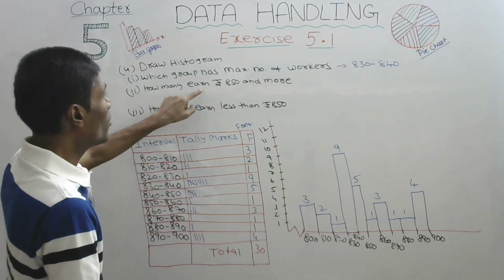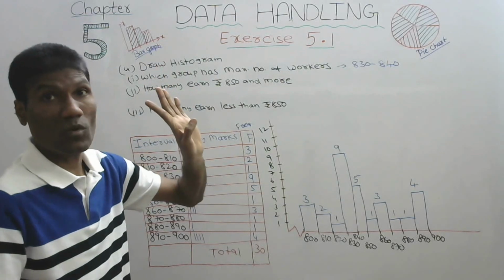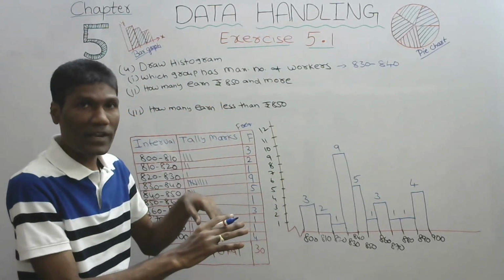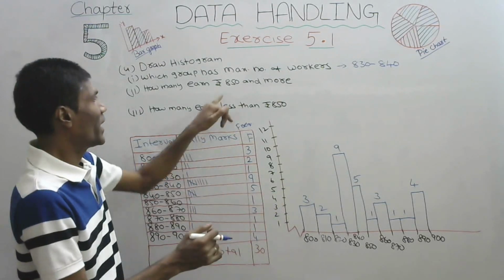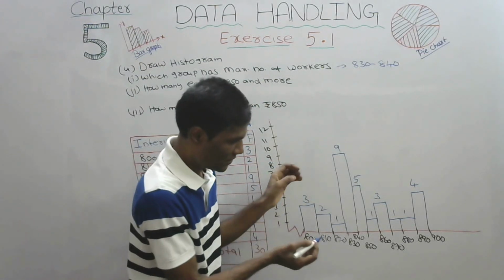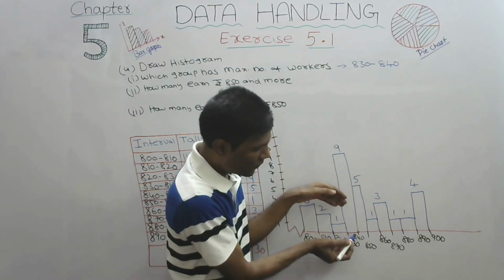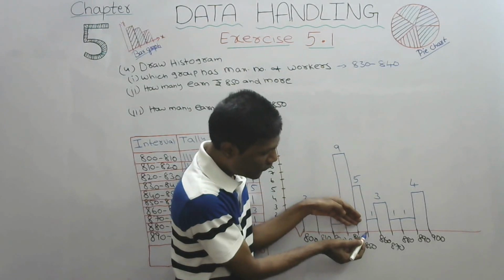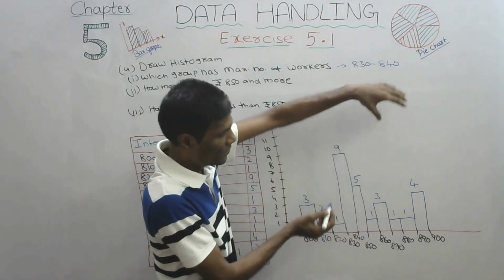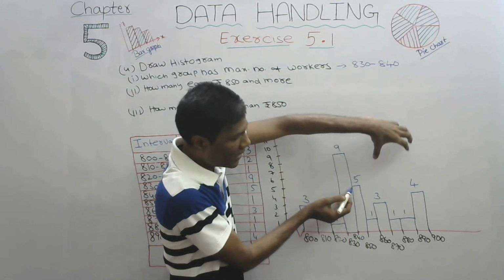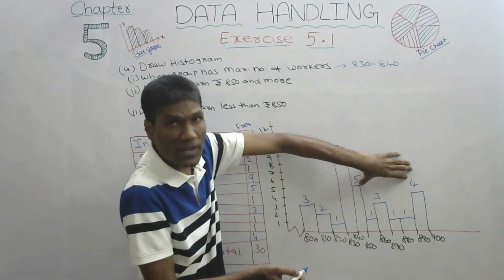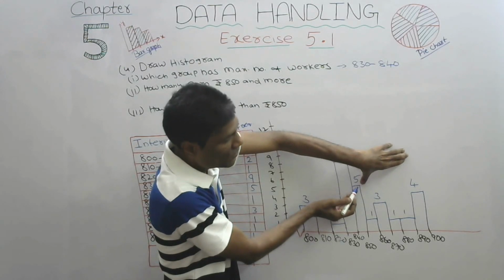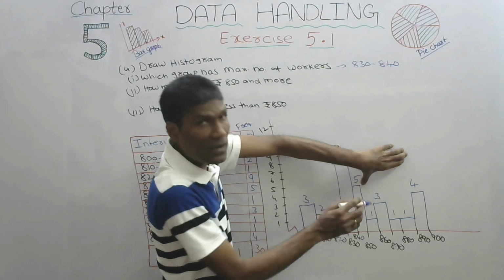Second question, how many earn 850 and more? Here we should be careful. The question given is how many people are earning above 850? 850 and more. Now see, up to here 840, 830 to 840. Here 840 to 850. Up to 850 these people are earning. The question is 850 and above.